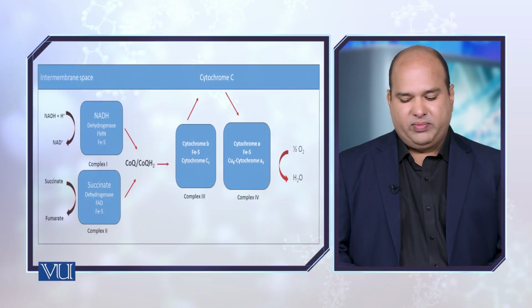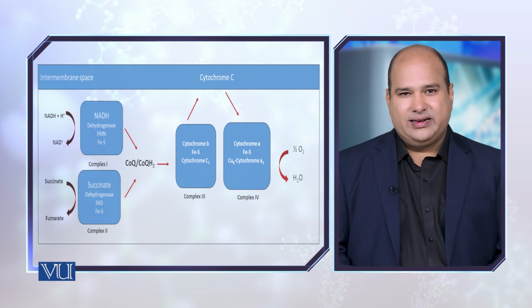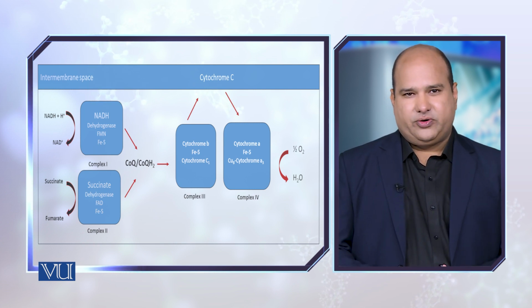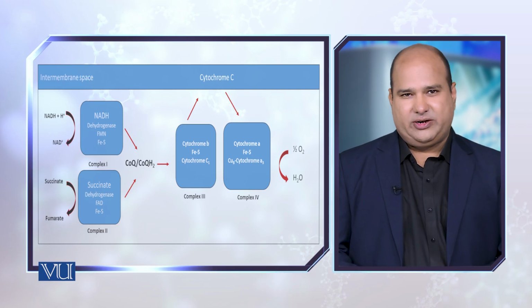Guys, until now you have learned how the electron transport chain is involved in the movement of electrons from one complex to the other, and how this movement in turn leads to the pumping of protons from the matrix of the mitochondria.